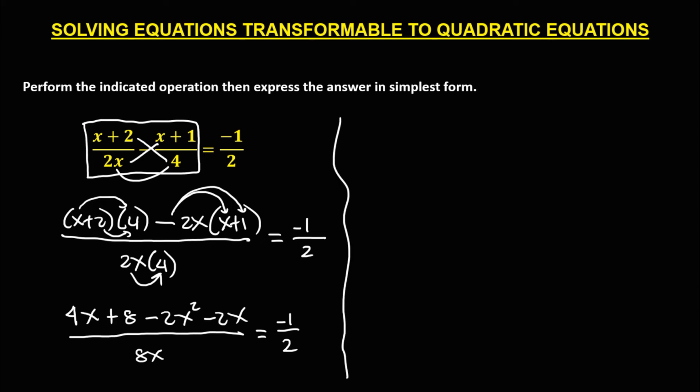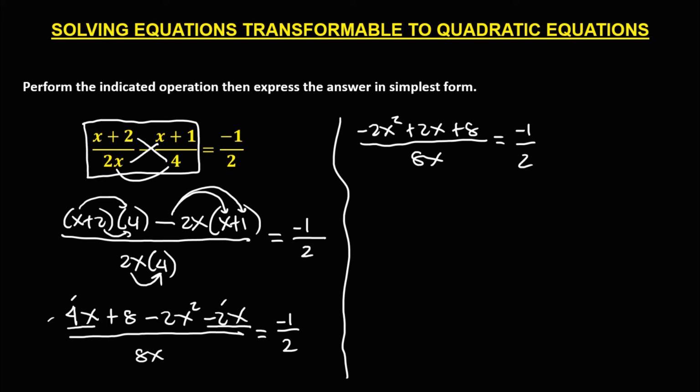Then combine like terms, so we can arrange this equation starting from the highest exponent. So we have negative 2x squared, positive 4x minus 2x, so 4 minus 2 is positive 2x, then plus 8 over 8x equals negative 1 over 2.